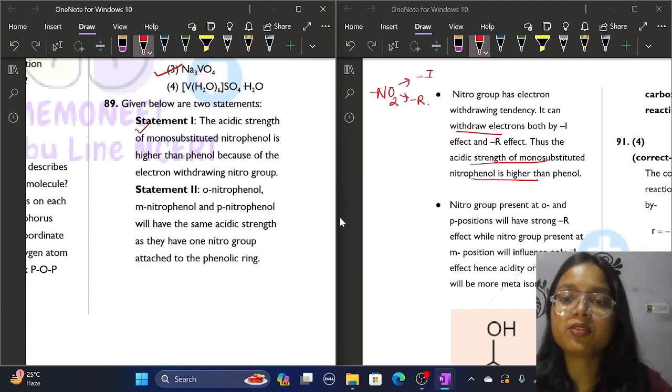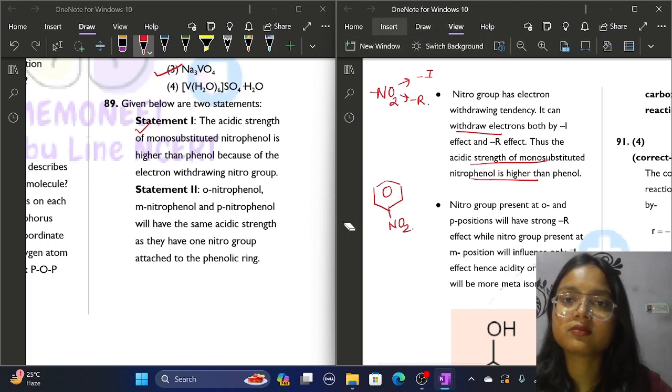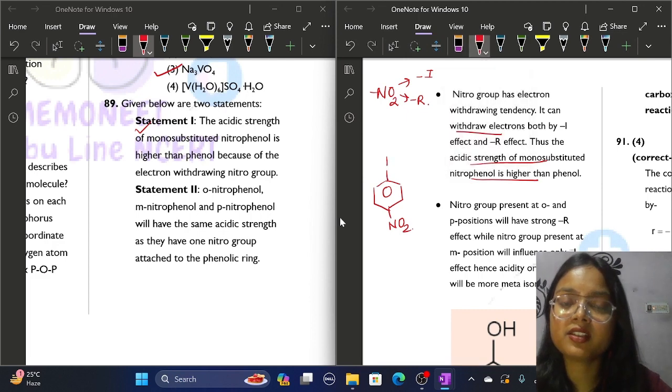Now nitro group present at the ortho and para position will have the strong minus R effect. Here let's assume there is one R group.